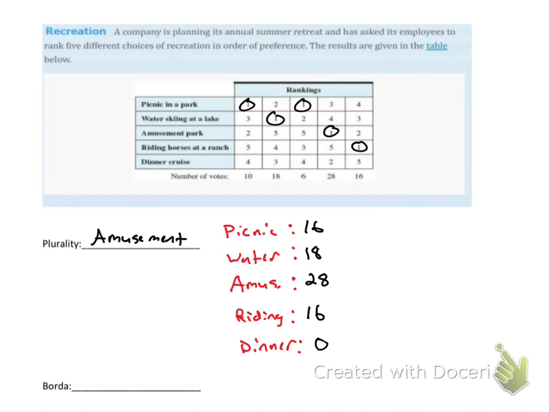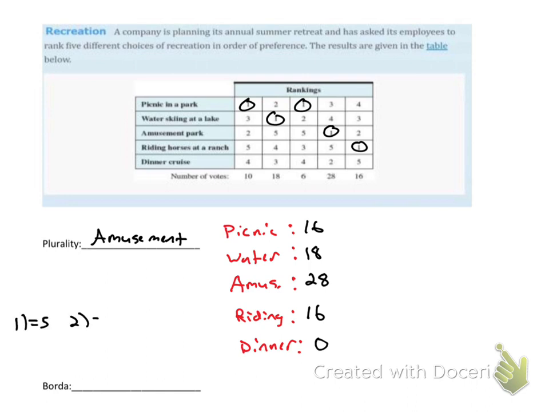So picnic would be 10 plus 6, 16. Water skiing at the lake would just be 18. Amusement park would be 28. Riding horses would be 16. Dinner cruise doesn't have any first place votes. So amusement park would win plurality there.